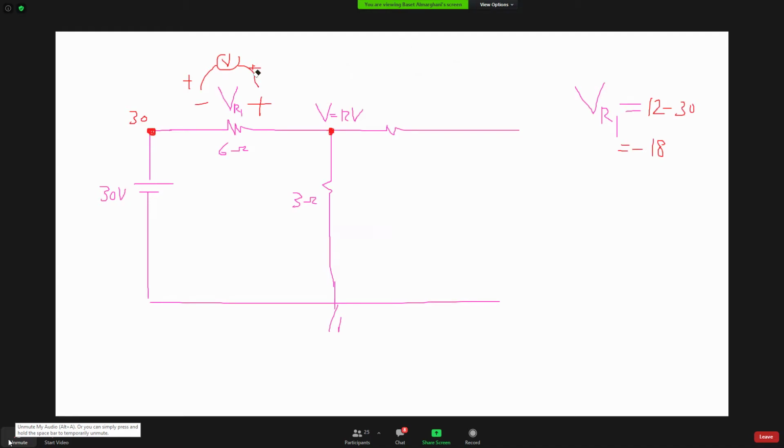Is this okay? The voltage concept is okay. Okay. Now I want VR2. And I'm going to put the polarity like this. Equals to what?